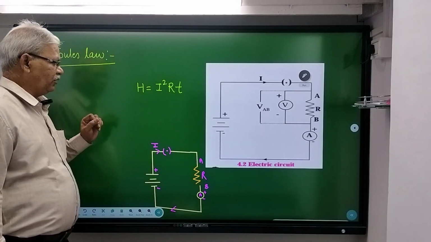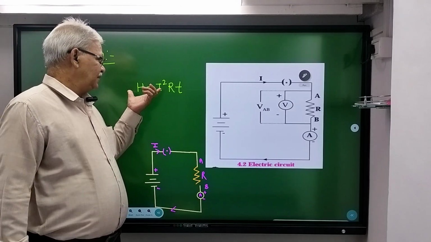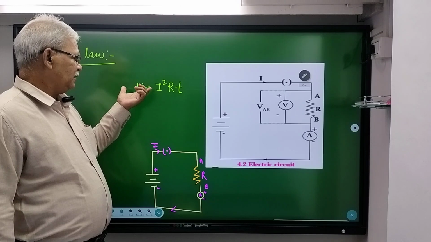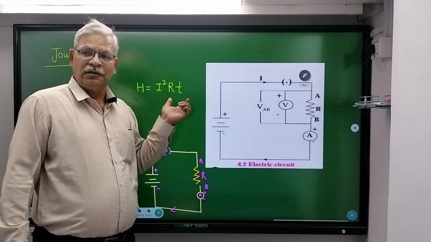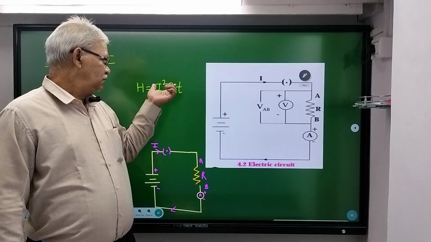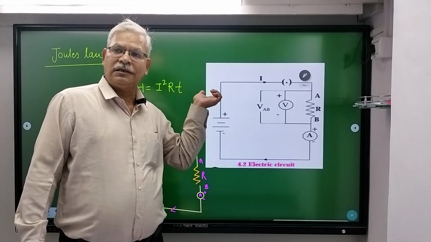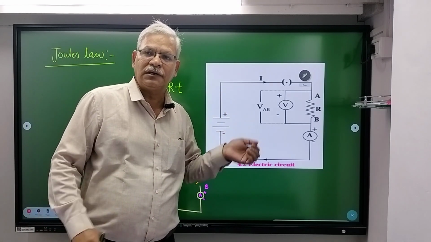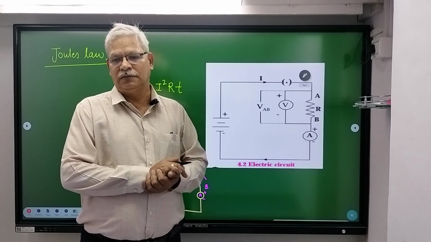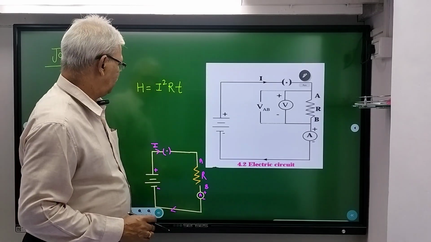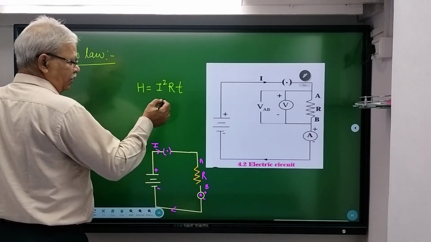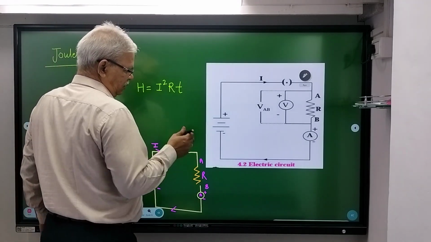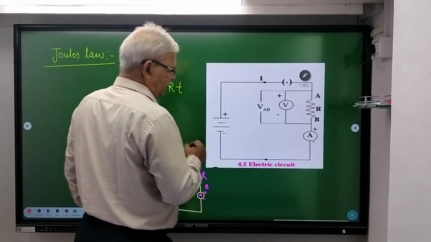Now see, this Joules law relates the heat generated with the current flow, resistance of the conductor, and the time period for which the current is flowing. Now I am going to explain it. Here is the circuit diagram.